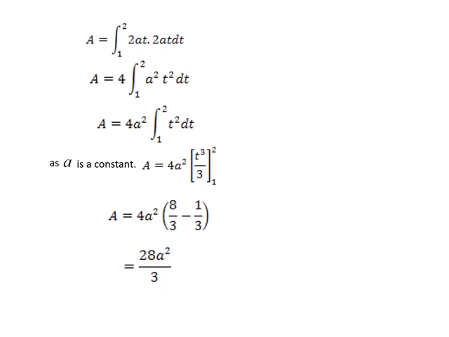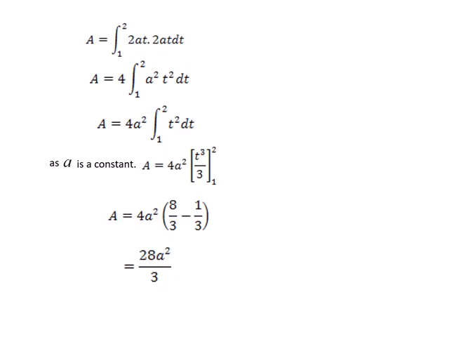So we now integrate this. Looking at this, a squared is a constant, since we are integrating with respect to t. So a squared is still a constant. We now have it equal to 4a squared times the integral of t squared dt from 1 to 2. We now integrate t squared easily. Integrating t squared, we have t raised to the power 3 all over 3.